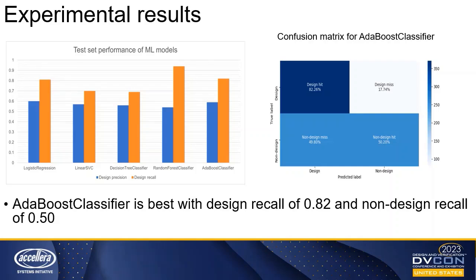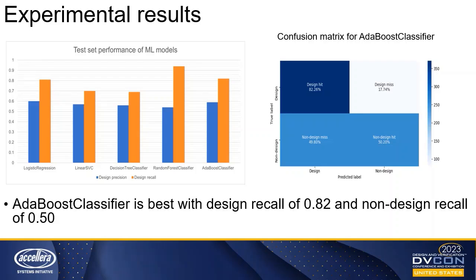There are 4 quadrants shown in this figure, where the top left quadrant shows the percentage of design hit, which means that the machine learning model is able to predict a design bug accurately approximately 82% of the time, while it misses predicting an actual design bug about 18% of the time.